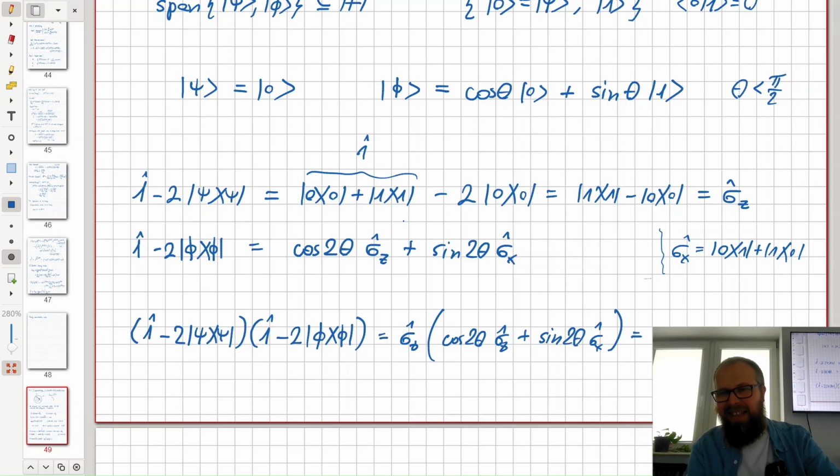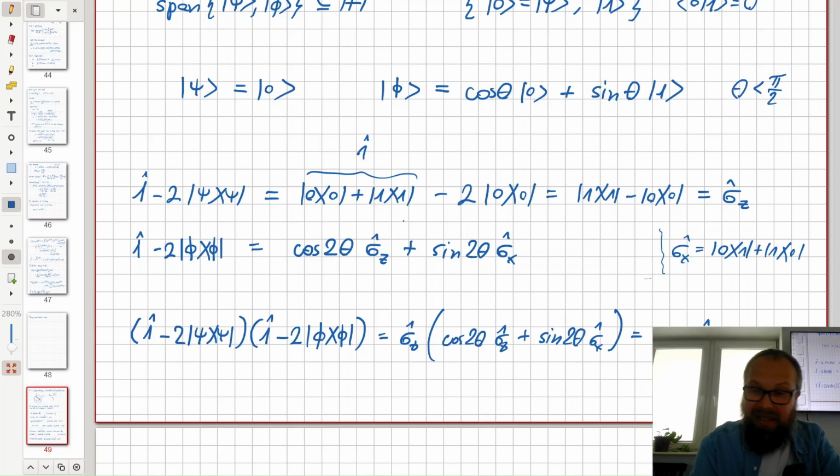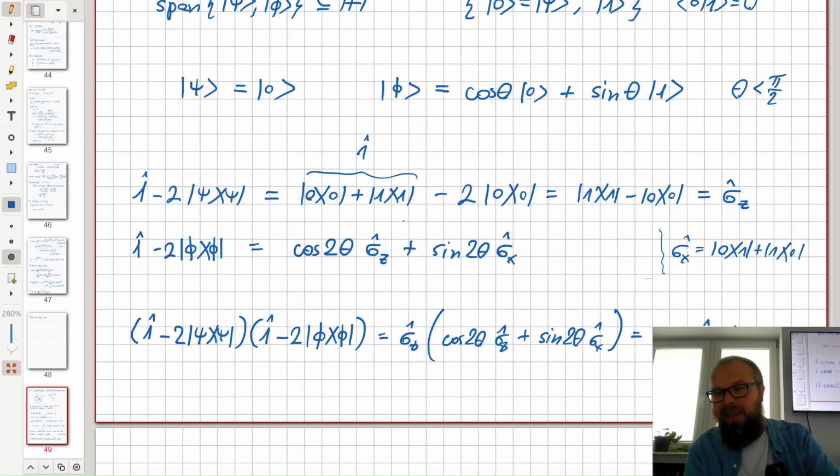Okay, Pauli matrices are very nice because this all will reduce into cosine of identity minus, probably plus, I wrote plus, that's maybe true. Yeah, because it's cyclic. I sine twice sigma y.